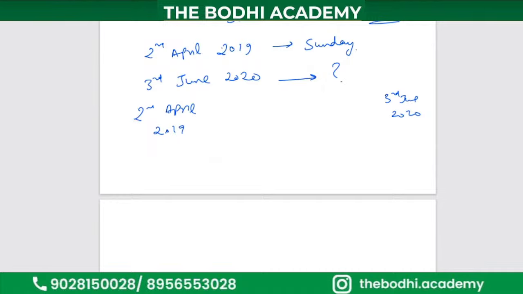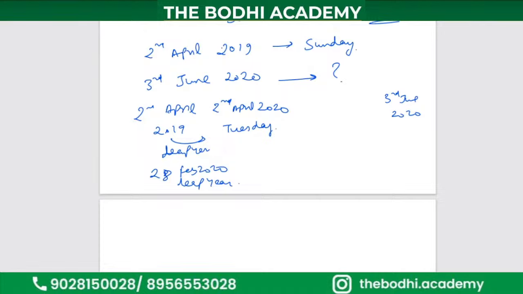So the best will be, we know 2nd April 2019. Can we find what was the day on 2nd April 2020? Yes. So if 2nd April 2019 was Sunday, 2nd April 2020 will be Tuesday. Now why Tuesday? Because of the leap year, 29th Feb 2020 was a leap day.